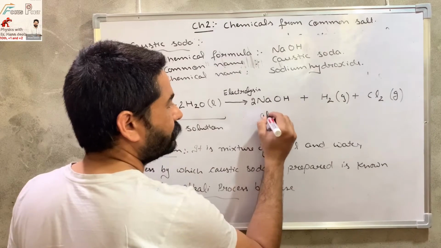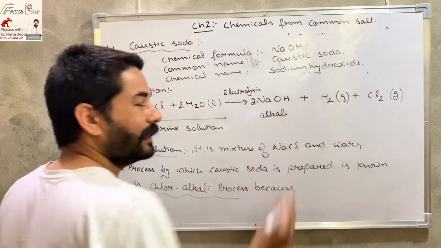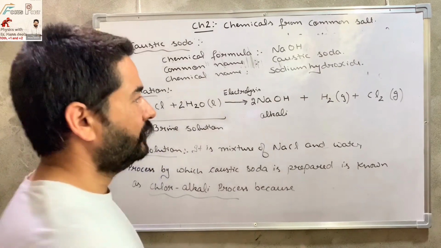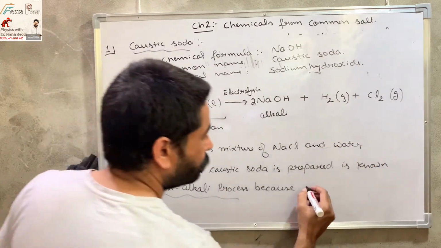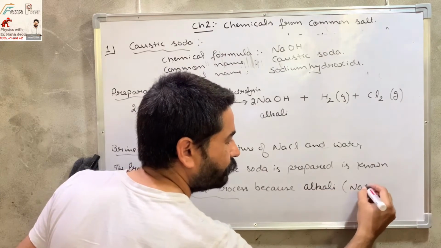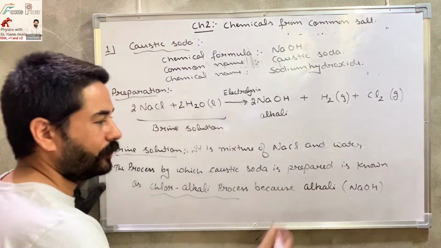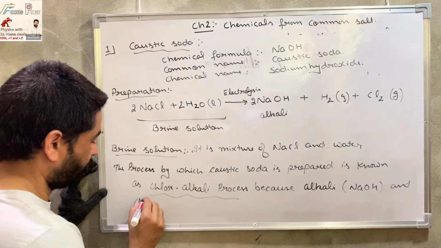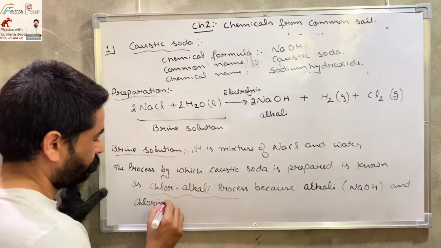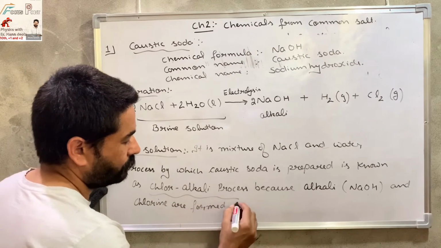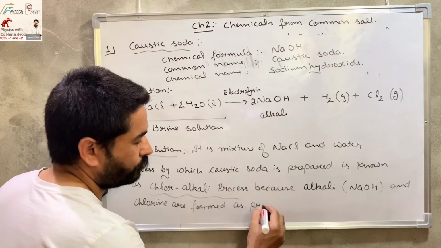So this is alkali. What are alkalis? Alkalis are the bases soluble in water, and this is the chlorine. So the alkali, which is sodium hydroxide, and chlorine are formed as products.